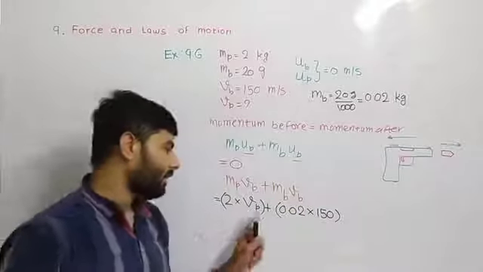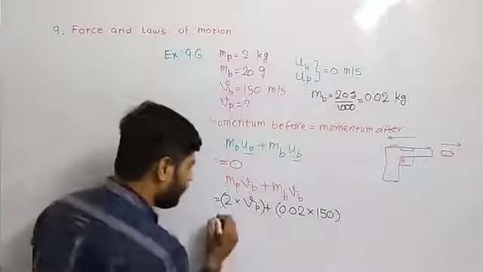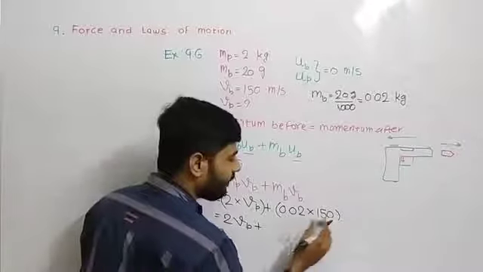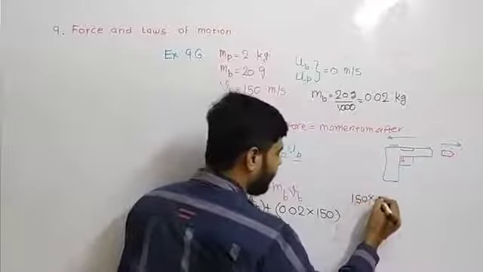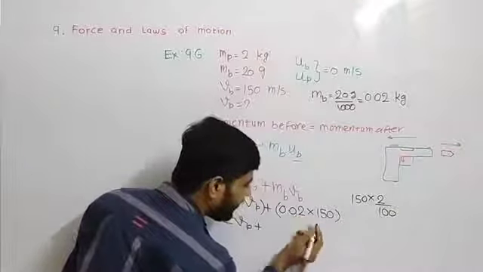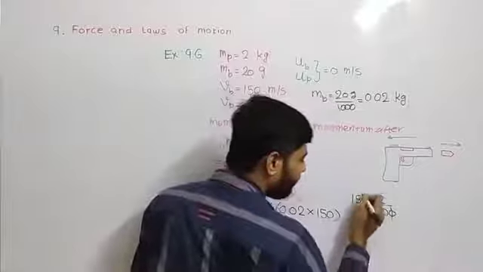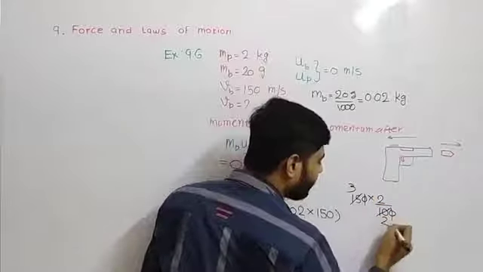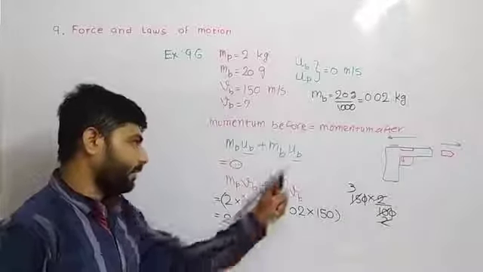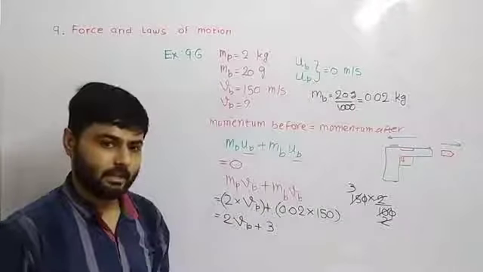So I have the momentum after firing: 2 VP plus 150 multiplied by 2 divided by 100. So 5 3s are 15, 5 2s are 10, I have 3. So after firing I have total momentum 2 VP plus 3.